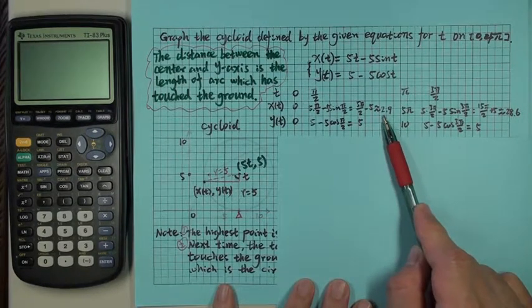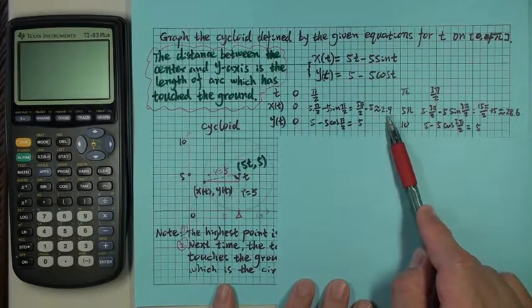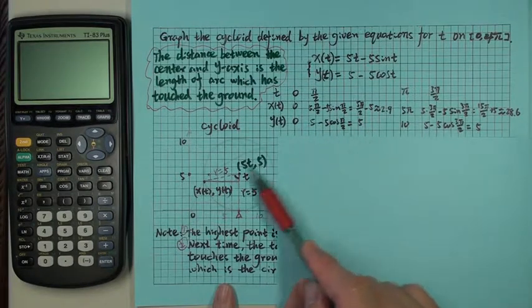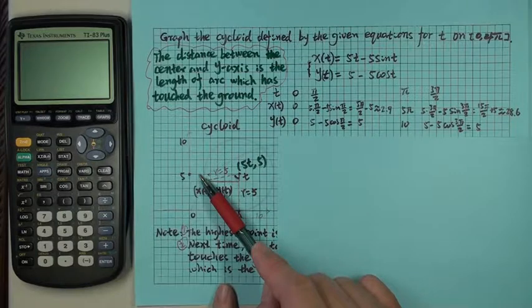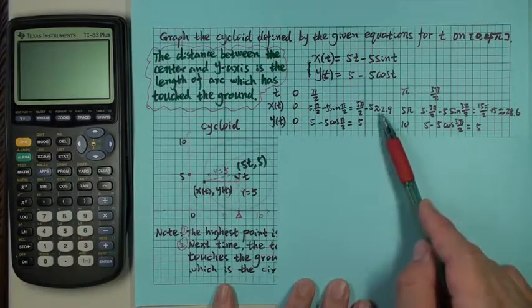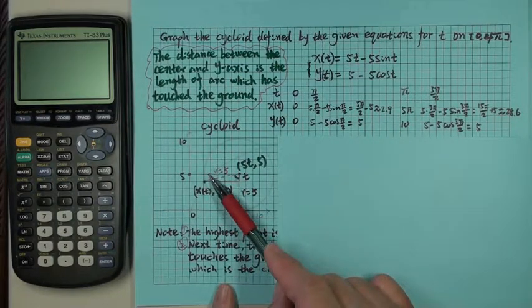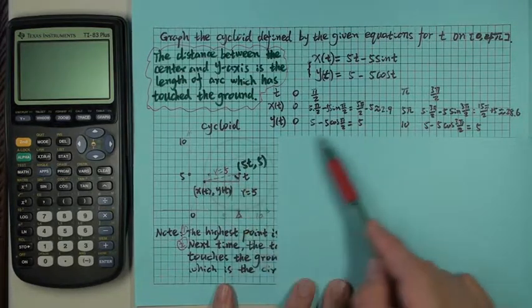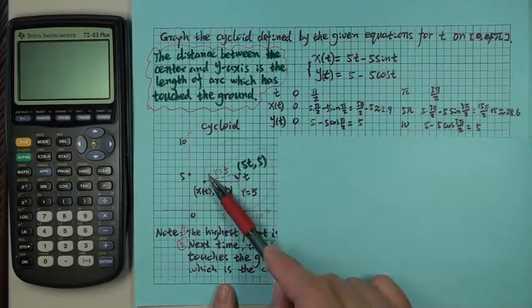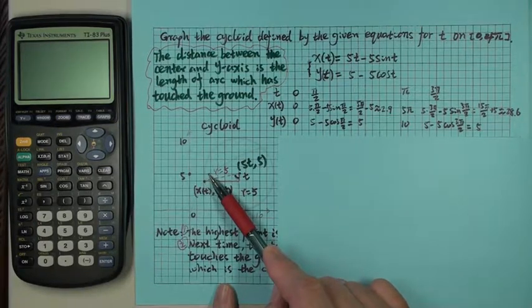So when x is 2.9, y is 5. That is the point right here. This is 1 unit, 2 units, about 3 units is 2.9. Okay, when x is 2.9, y is 5. So this is the point.